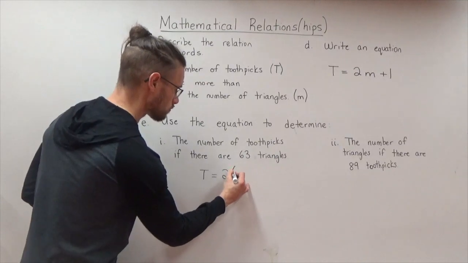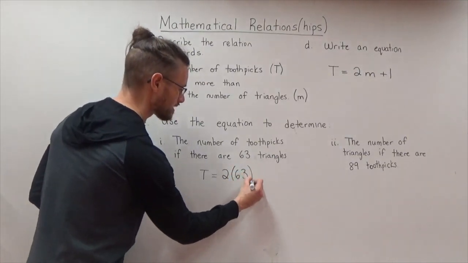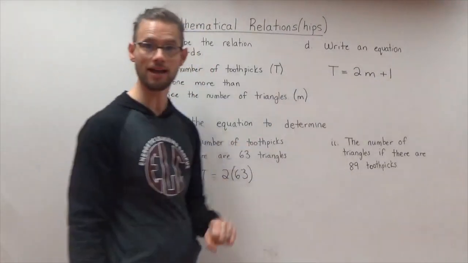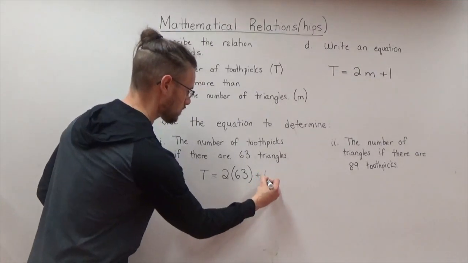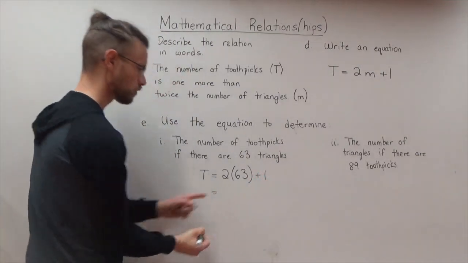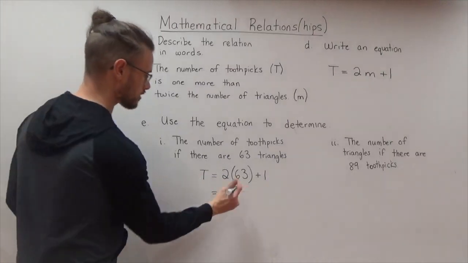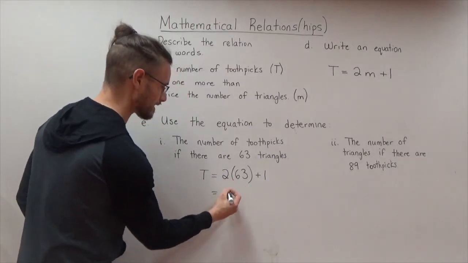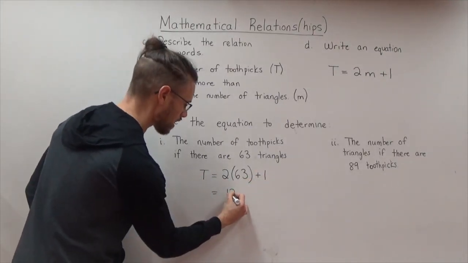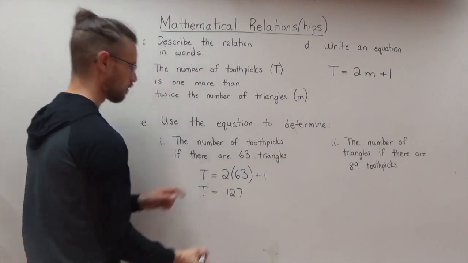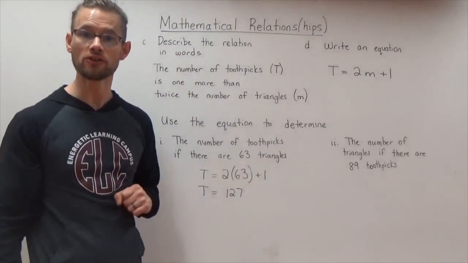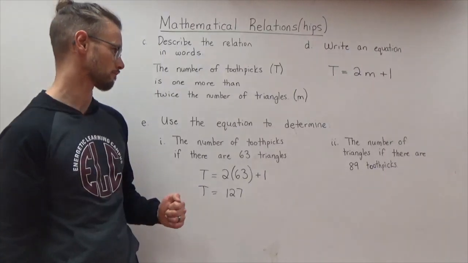So I'm going to replace my M with 63. 2 times 63, I have to follow order of operations. That becomes 126. Add 1 is 127. So when there are 63 triangles, there are 127 toothpicks.